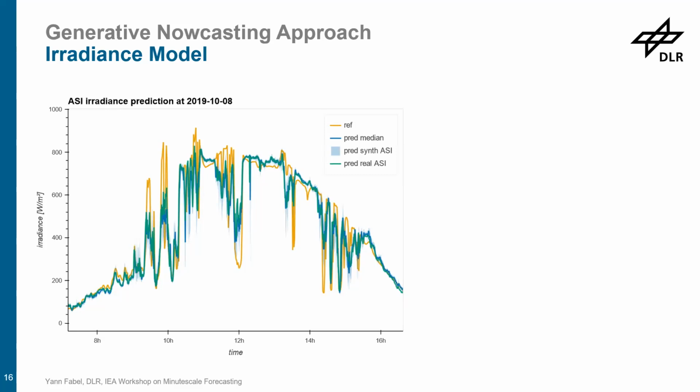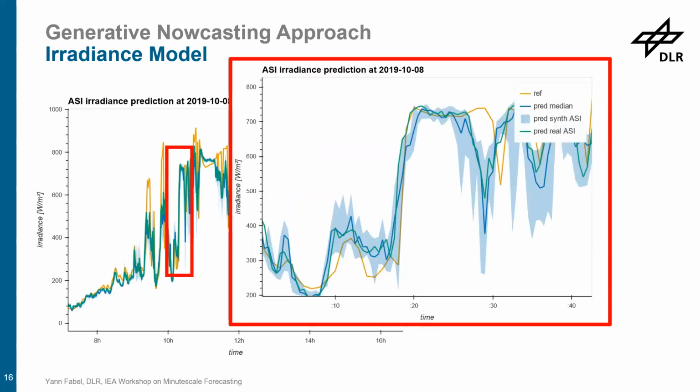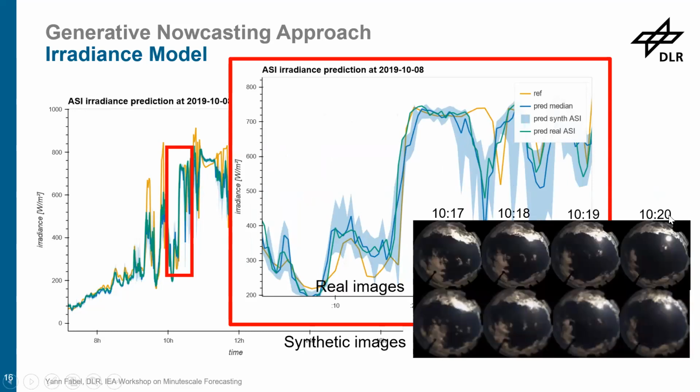You don't really see a variety here because it's just lead time 1. But I just want to show you that we actually can see ramps that are strong, like in this case. And if we compare the real images to the synthetic images, we can see that this cloud is just passing through, and the sun disk is becoming visible again. And that's why we were actually able to catch this increase.